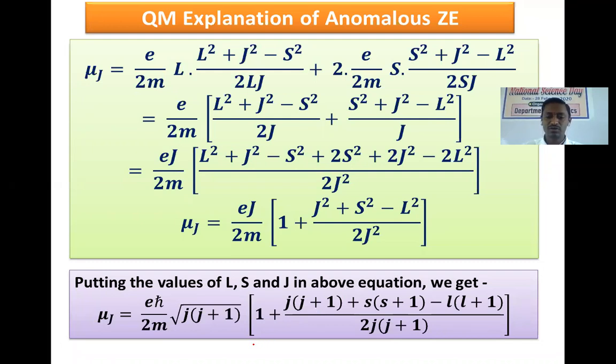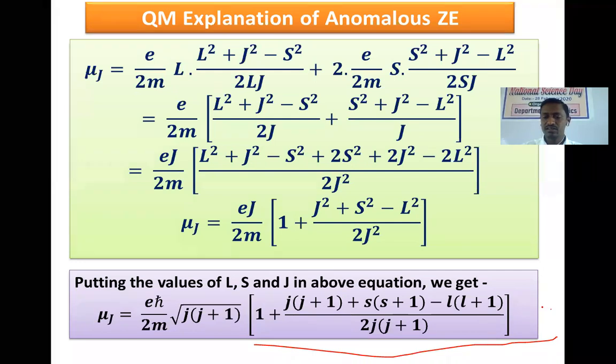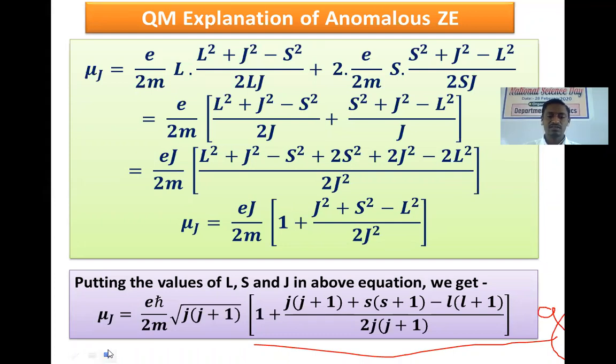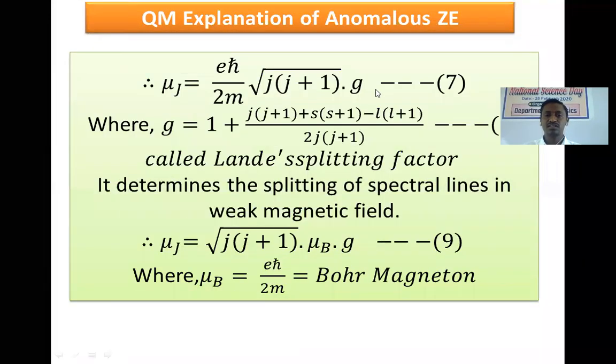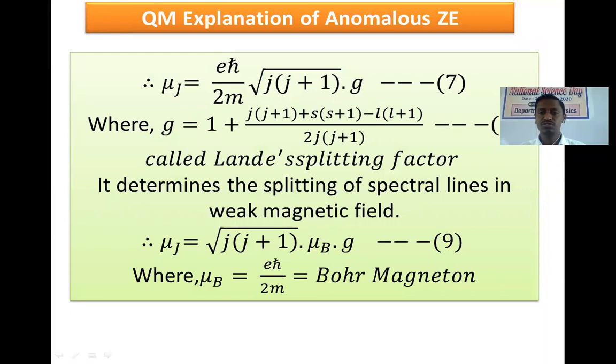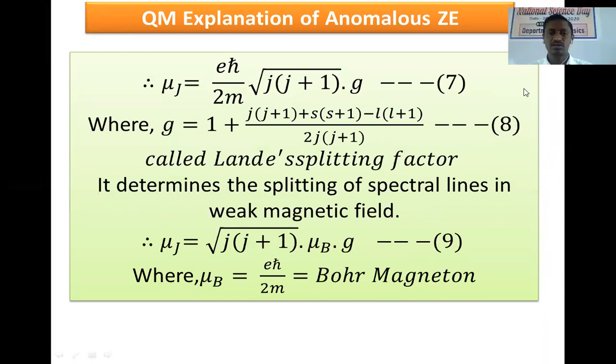So the value of this bracket will be small g, that is called the Landé splitting factor. So in place of this bracket we can put here small g. The equation simplifies to the form μ_j equal to eħ/2m under root of j(j+1) into g.